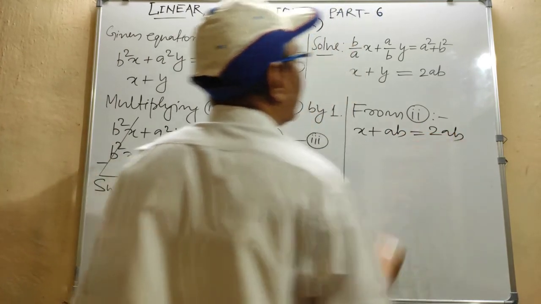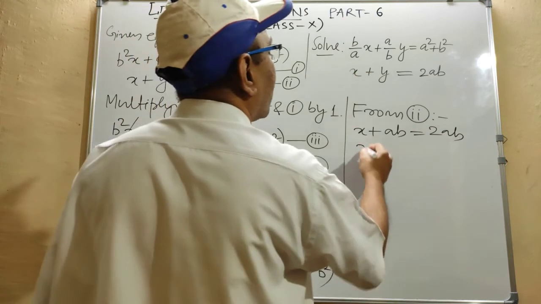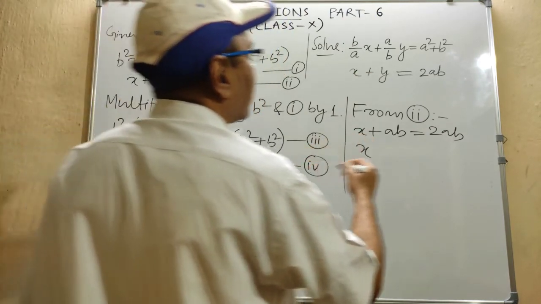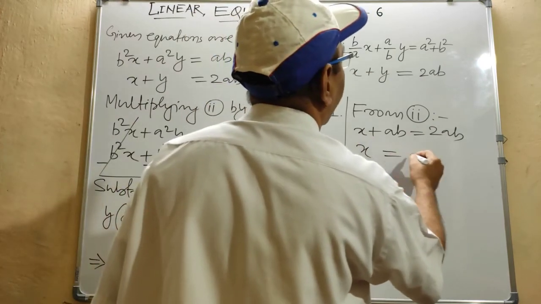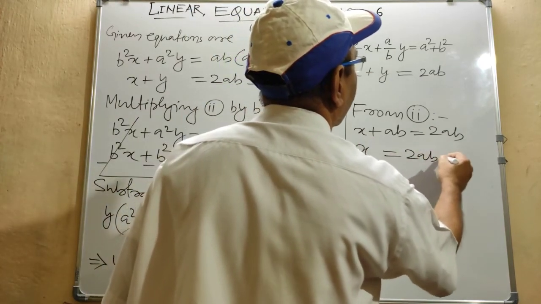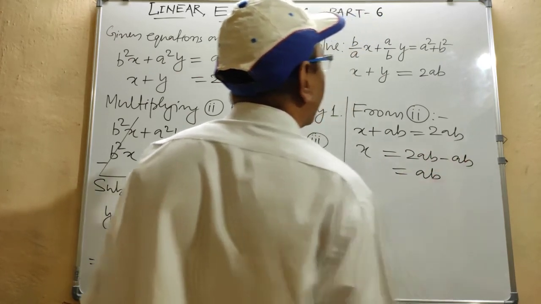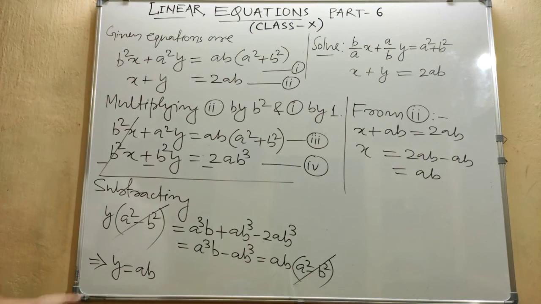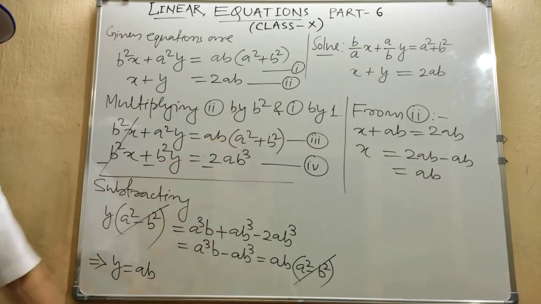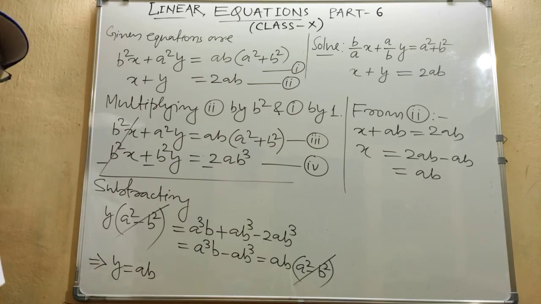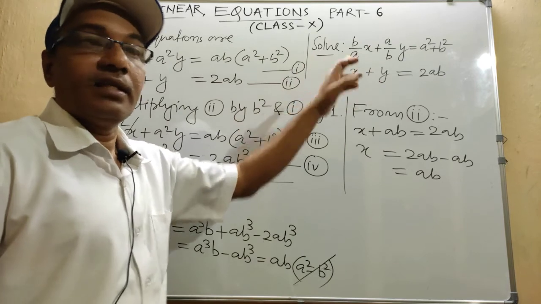So this x will be 2ab minus ab, so this is also ab. y was ab, x is also coming ab, so x equal to ab, y equal to ab is the answer for this system of linear equations.